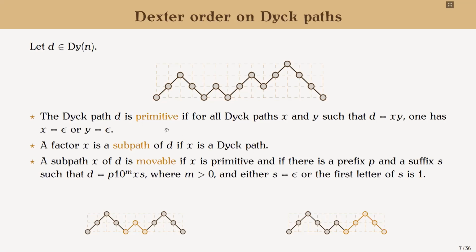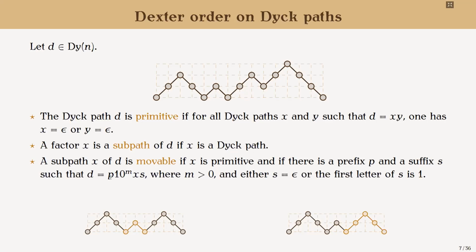So this is not primitive. And we say that X is a subpath, so for a factor, X is a subpath if X is also a Dyck path. So for instance, here it's a subpath. Here it's another subpath.